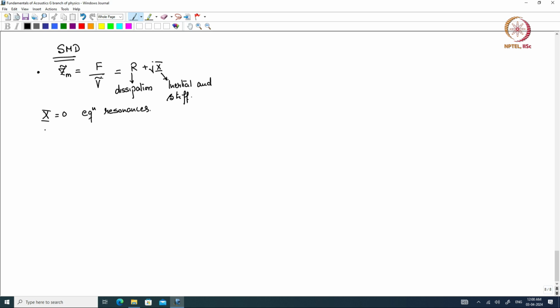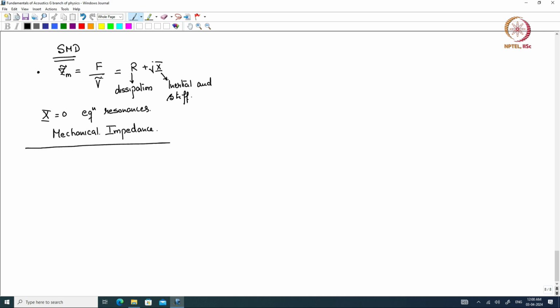So this is mechanical impedance. We will use this heavily in this course. With this I close the lecture on spring mass damper and mechanical impedance.